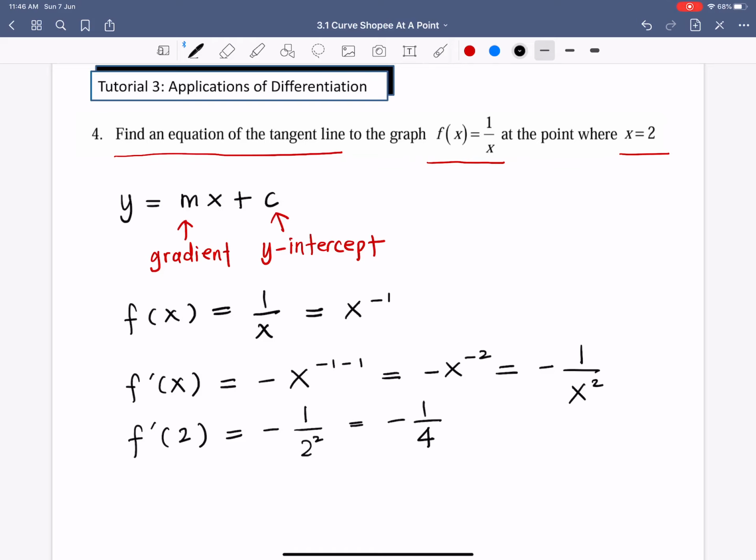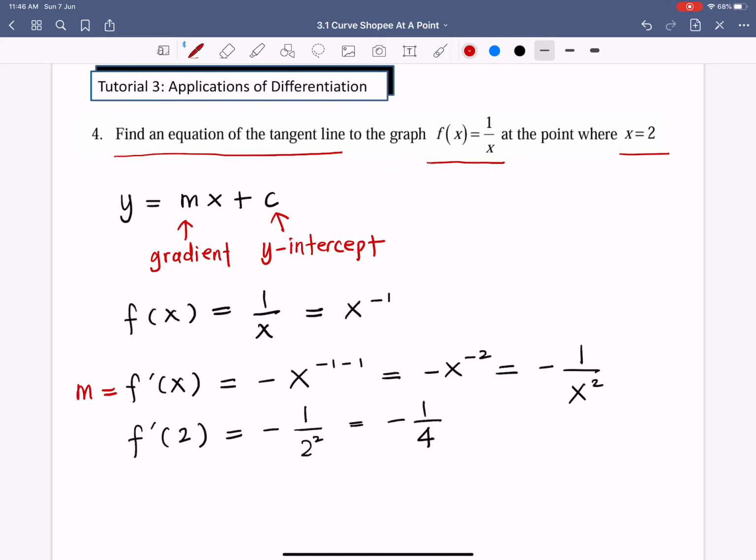Okay. We know that f prime x is m, which is the gradient or the slope of the linear equation.